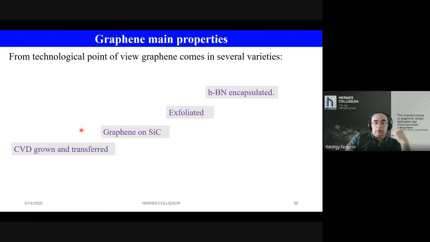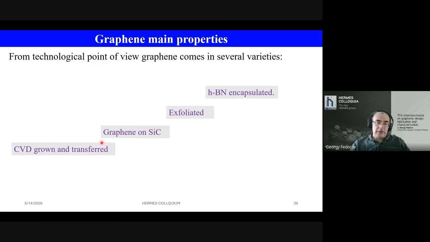Graphene itself can be synthesized using different techniques. It can be CVD grown on top of a metal, copper or nickel, and then transferred onto a dielectric substrate. It can also be grown on top of silicon carbide, which is by itself a dielectric.